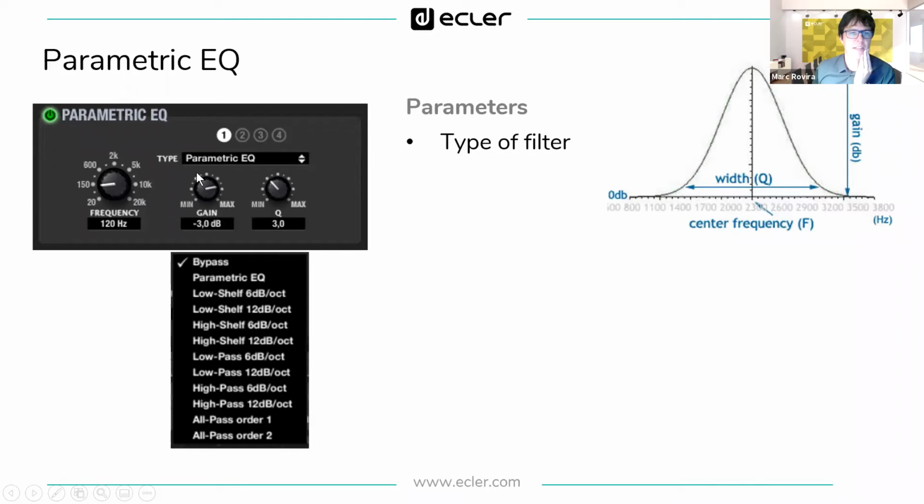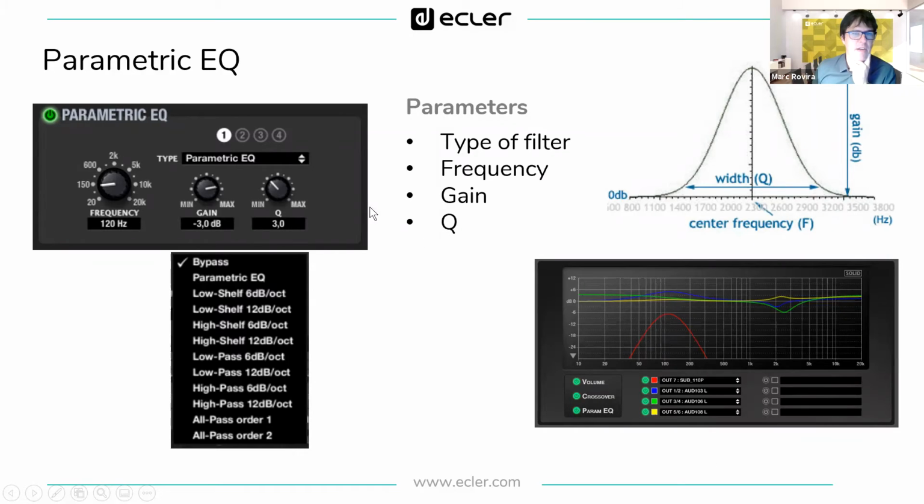You can decide for each one of them what to choose: a parametric EQ, a low shelf, or a high shelf, different types. You've got 3 parameters: frequency, gain, and Q, in case you need all 3 of them.